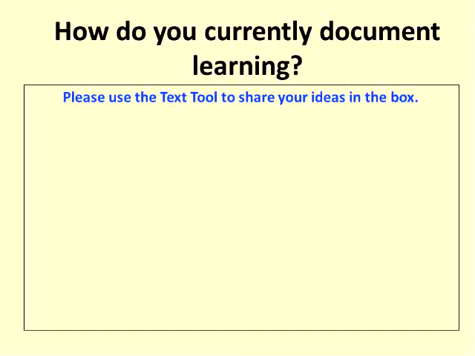So thinking about what you've just seen and stuff that you're already doing within your classroom, I'd love to know if you could use the text tool and just share ideas in the box about how you currently document your student learning. I'll just jump on and make sure everybody knows how to find and use the text tool.